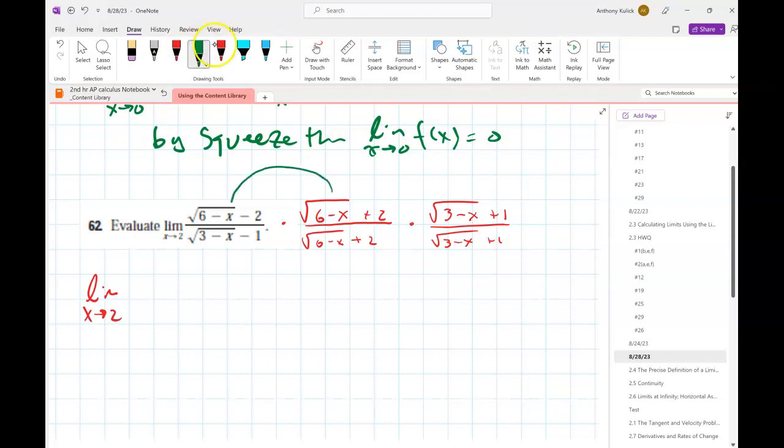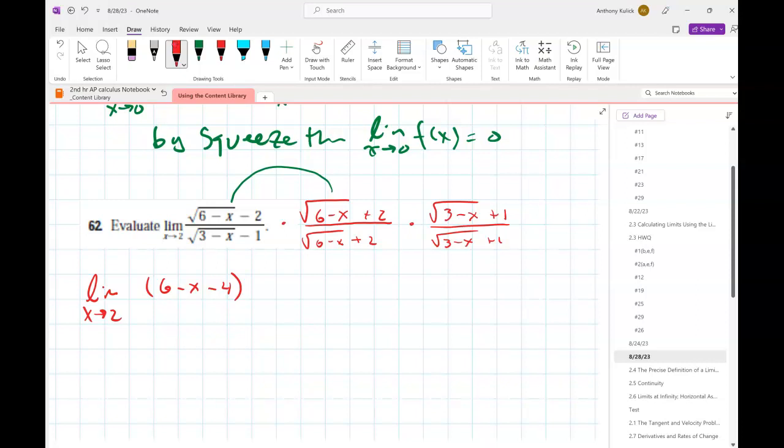When I multiply those two together, I get 6 minus x minus 4, right? The square roots just cancel because you have the square root squared, and then minus 2 squared, because it's just a difference of 2 squares.